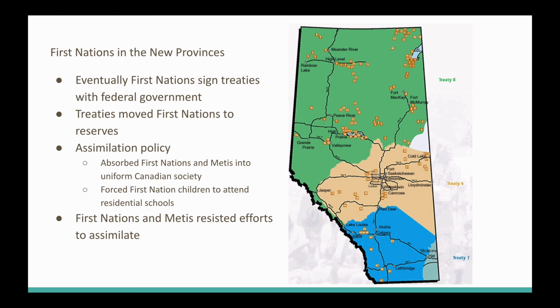First Nations and Métis are trying to be absorbed into a uniform Canadian society, and First Nations children are being forced to attend residential schools. The goal of the residential schools, you'll see in grade 9, is to have this assimilation take place. But the First Nation and the Métis of Alberta, they resisted the efforts of assimilation, and assimilation did not occur the way the government of Canada had intended for it to do.